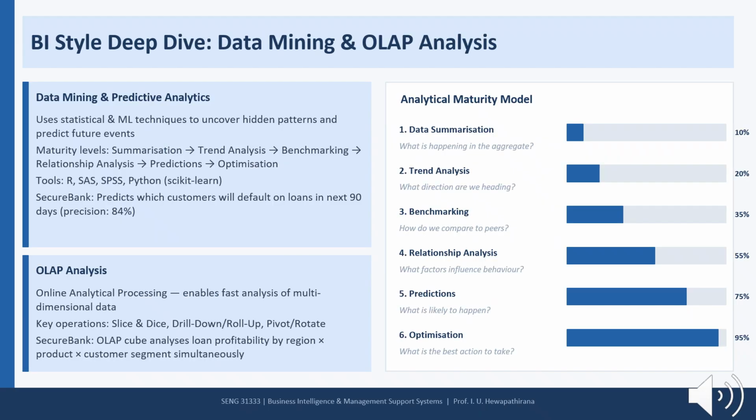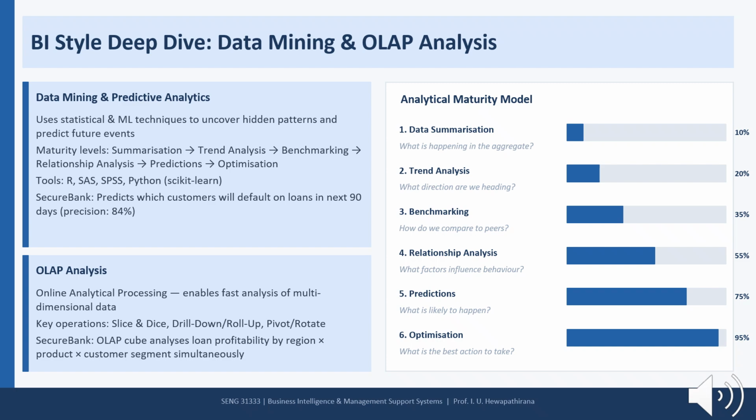Let us go deeper into 2 of those styles, data mining and OLAP, because they are foundational to understanding how advanced BI works. Data mining and predictive analytics uses statistical techniques and machine learning to uncover patterns that are not visible to the naked eye and to predict what is likely to happen next. The tools commonly used include R, SAS, SPSS, and Python libraries, such as scikit-learn.